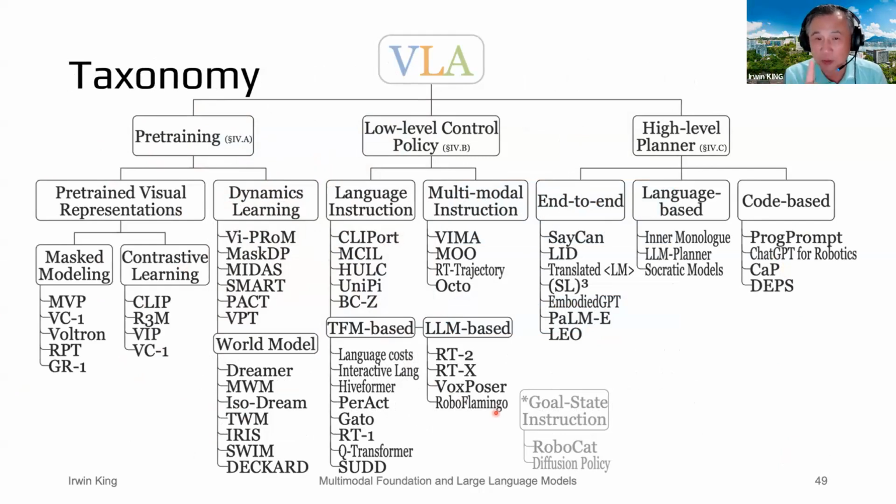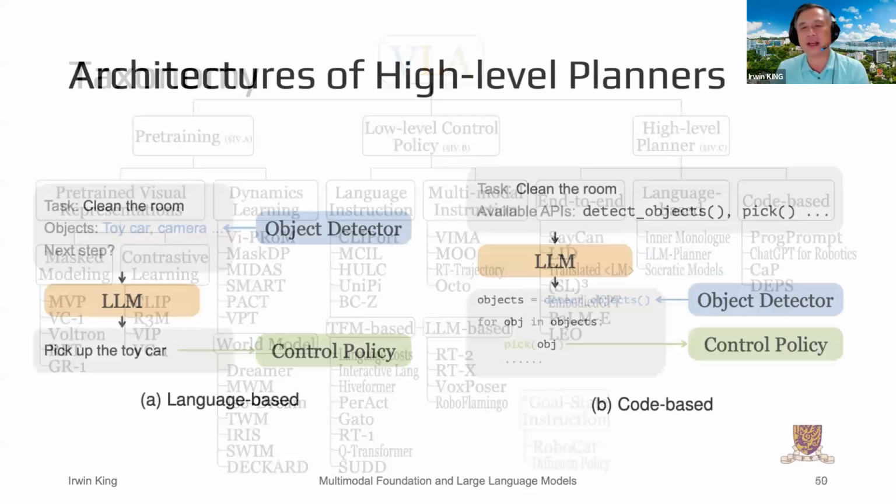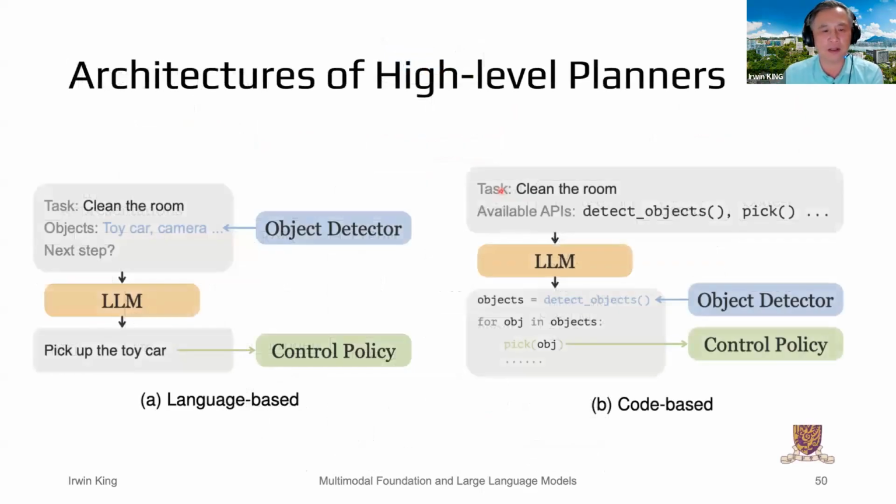But one thing is we're lacking a lot of data on picking up the car with 3 or 6 degree of freedom robot arms. How do you pick up the cars? And how do you translate the high level command into what we call a low level control policy? Okay, this high level planner into low level control policy. And these are really some of the issues that we are struggling with.